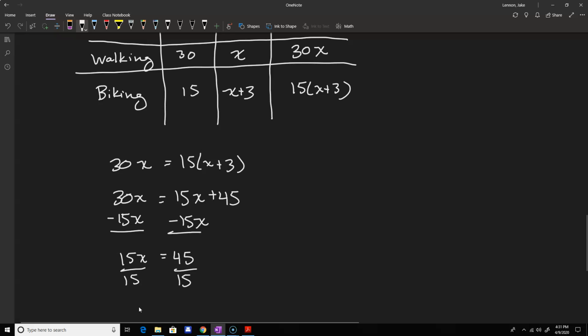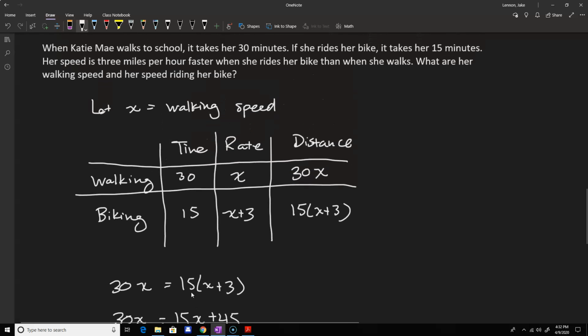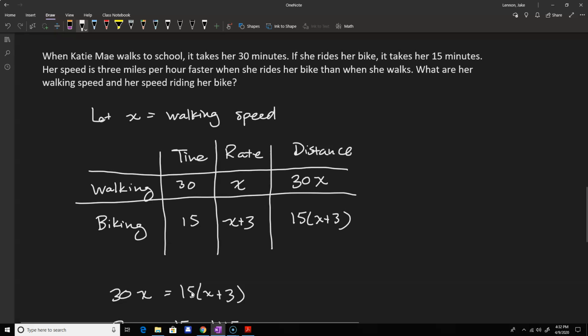So we get x is equal to 3. Now, what units are those, in fact? This is a rate, and a rate is going to be the units of your distance divided by the units of your time. So her distance was in miles.